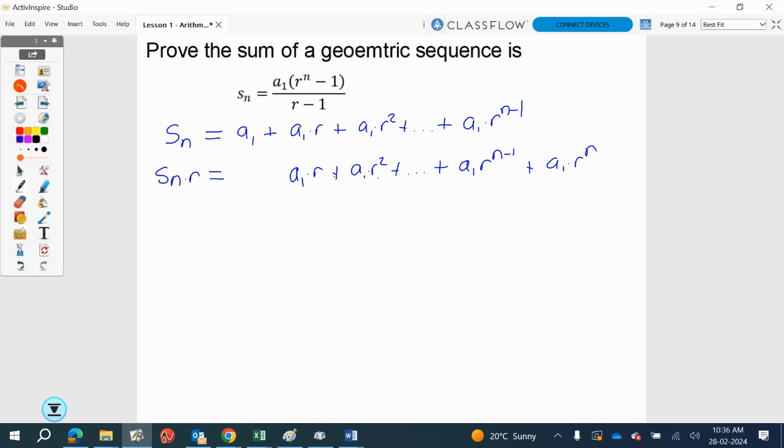So if I take the second equation and subtract the first equation, what will happen on the right-hand side? Discuss with the person next to you. Think it through.